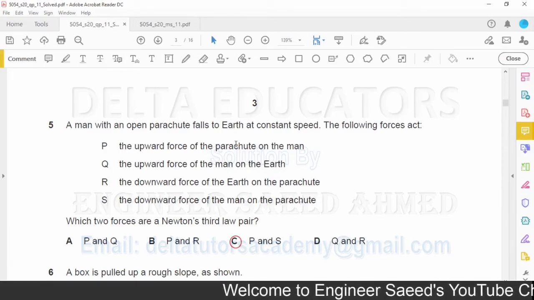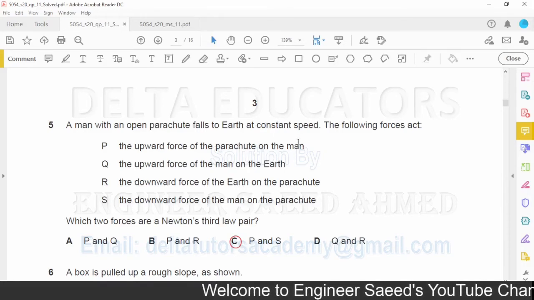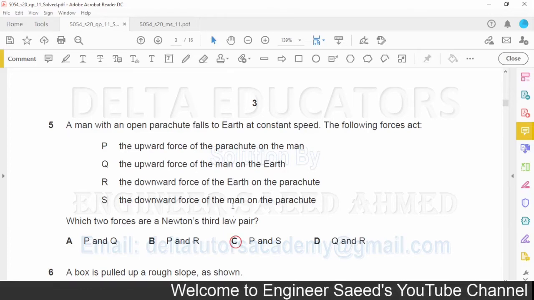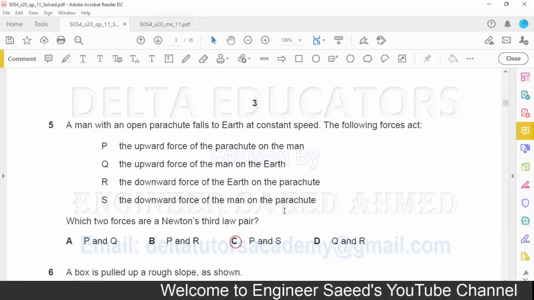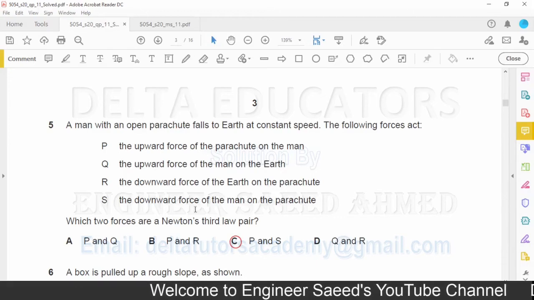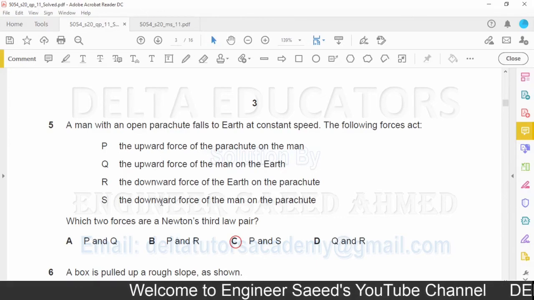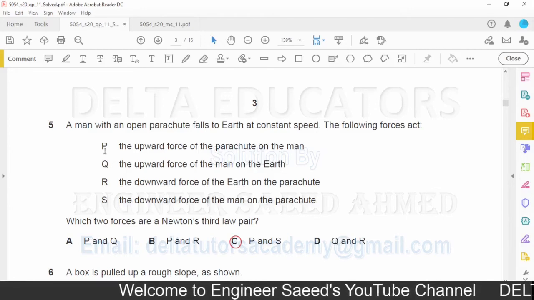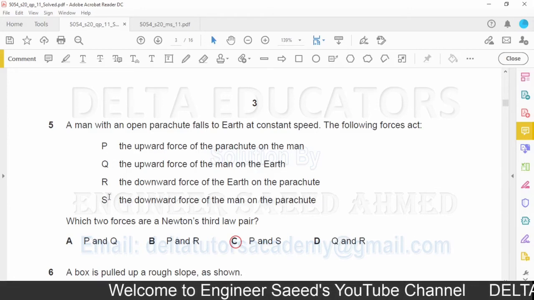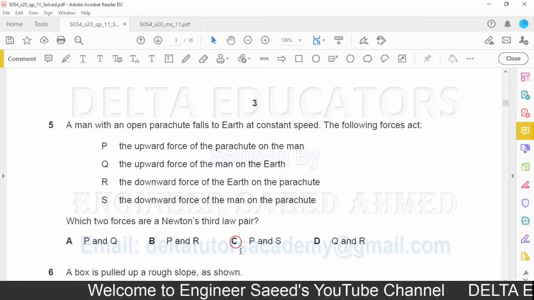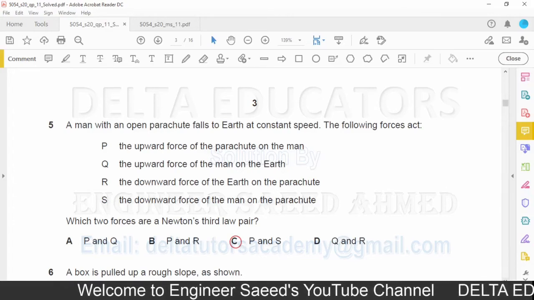Suppose the parachute is A, acting a force on the man. If the man is B, then A is acting a force on B. In S, this man is acting a force on A, but the direction is opposite. In P, it is upward. In S, it is downward. So we can say here P and S are Newton's third law pair, and P and S are given in option C. So correct option, option C.